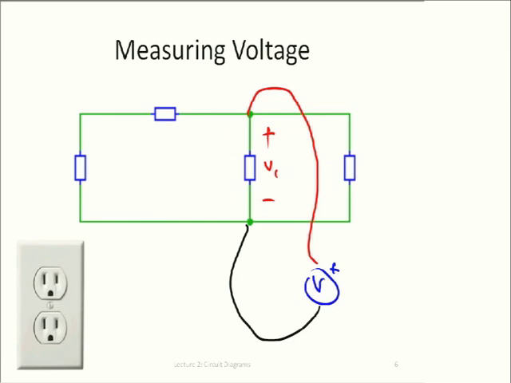Why do I say that? Well, because sometimes I get these questions: I have this circuit and maybe there are elements in here, sources, resistors and so on, and then you wonder, well, now I need to put the plus and minus to indicate which voltage I want to measure, right? And so where do I put the plus and where do I put the minus? I don't know in which direction the voltage goes.